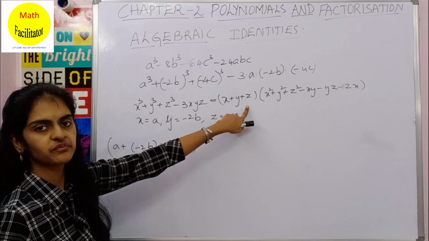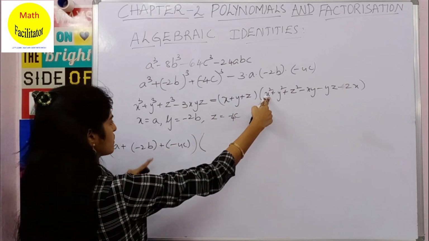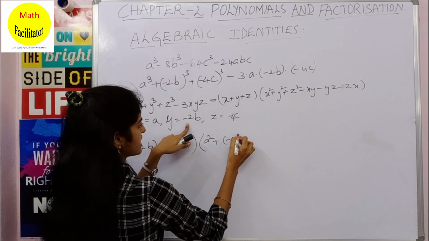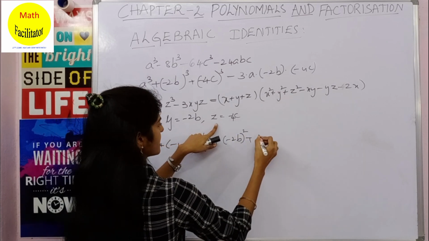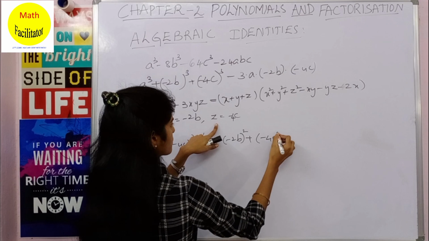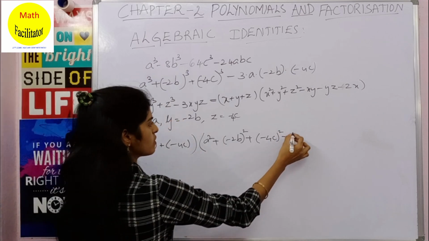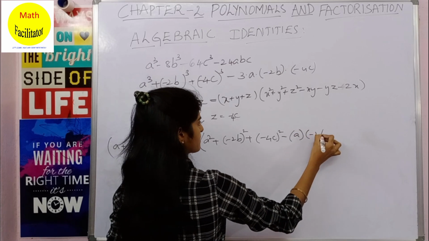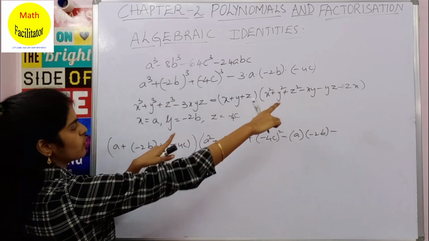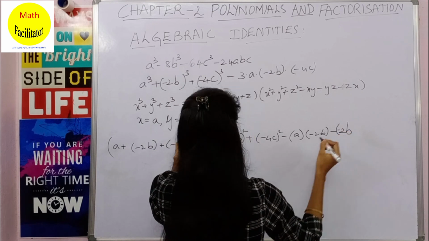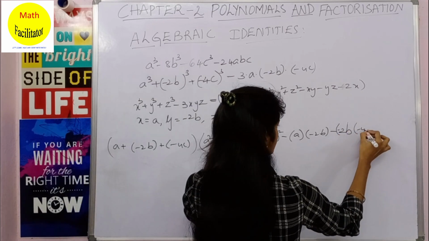This into x square, which is a square, plus y square, which is minus 2b square, plus z square, which is minus 4c square, minus you have xy. Xy is nothing but a into minus 2b. And then you have yz, so minus 2b into z, which is minus 4c.